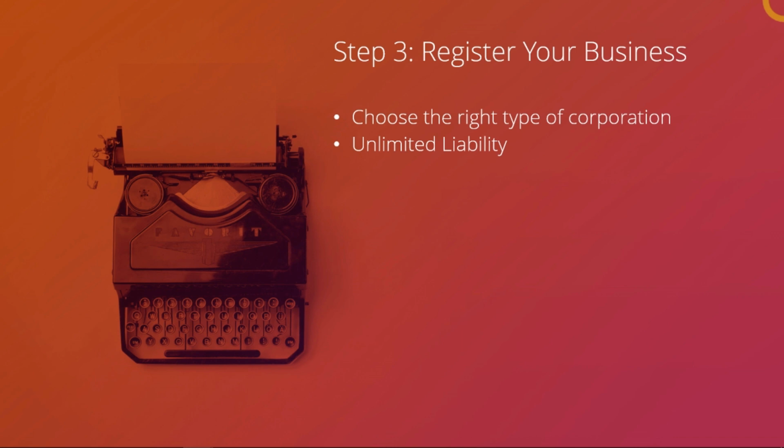You need to assume all responsibility for all the debts and financial obligations or damages incurred by your company, which actually means that if someone is trying to sue you, they could go after not just your company's assets, but also your personal assets.